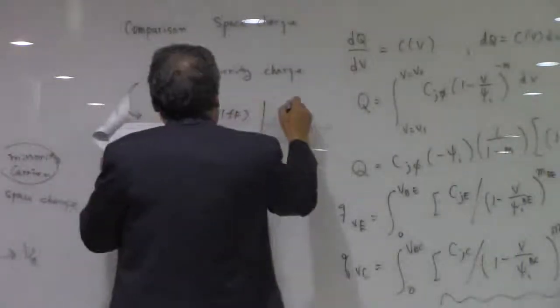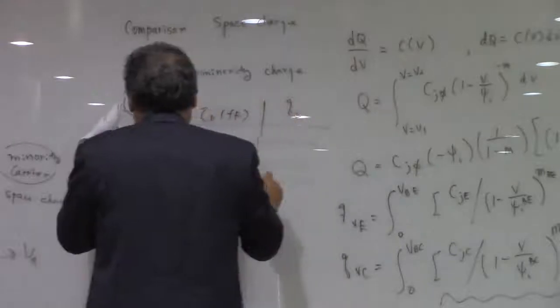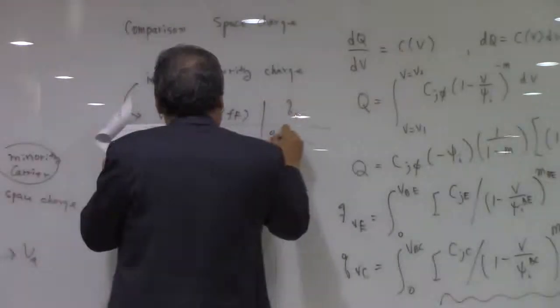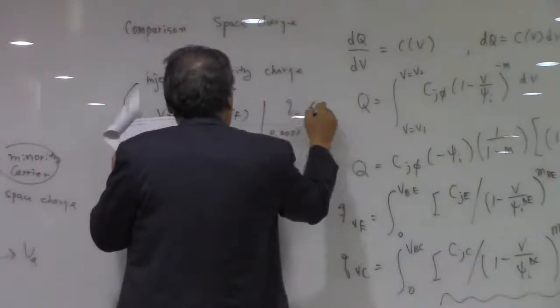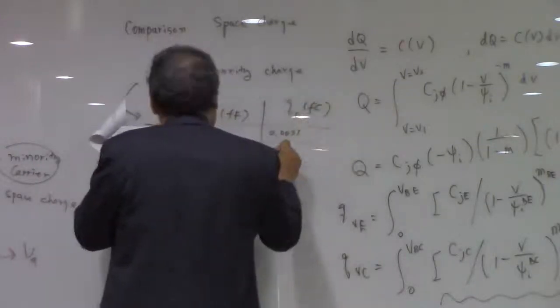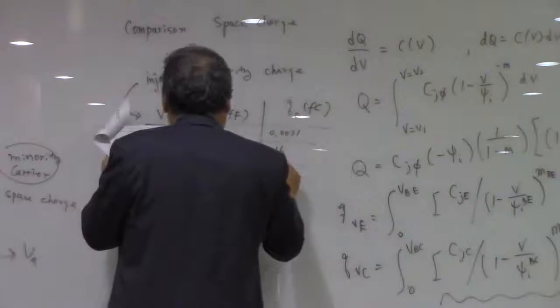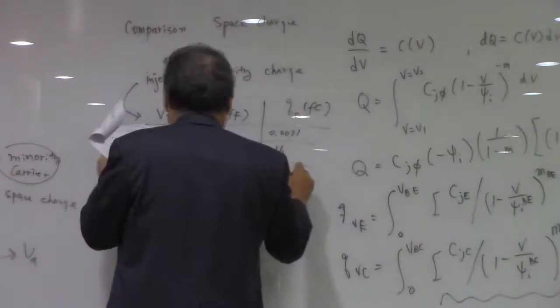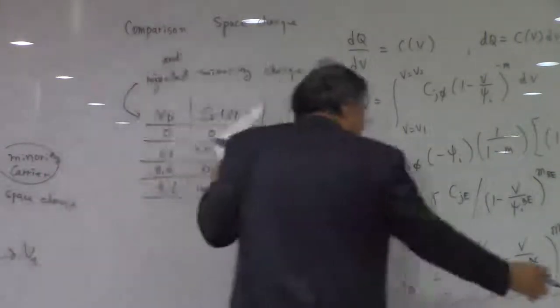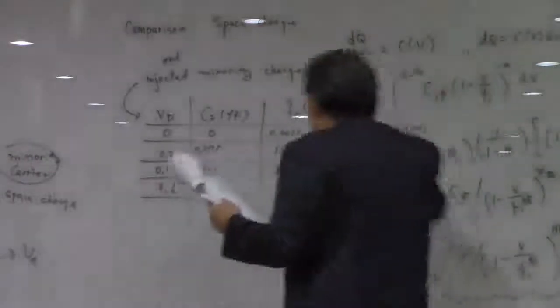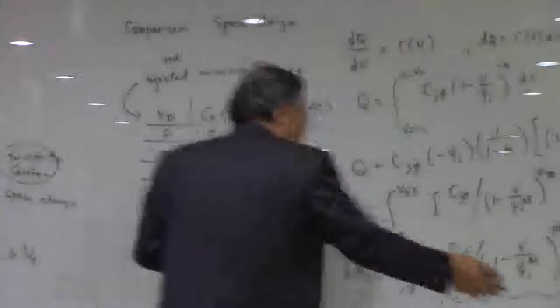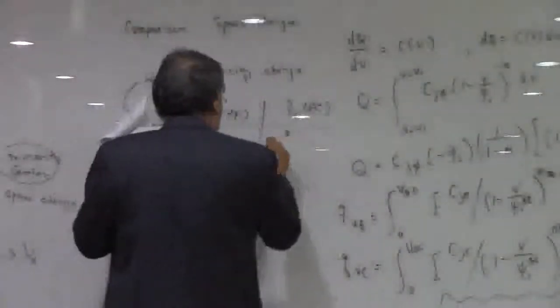And then QD, the charges: 0, 0.0071 femtocoulombs, 16 and 36 picocoulombs. It's all in your notes, so you're going to have to make a copy of this.